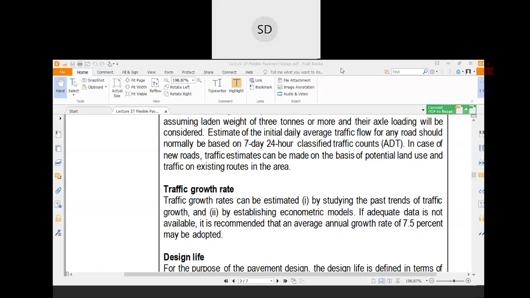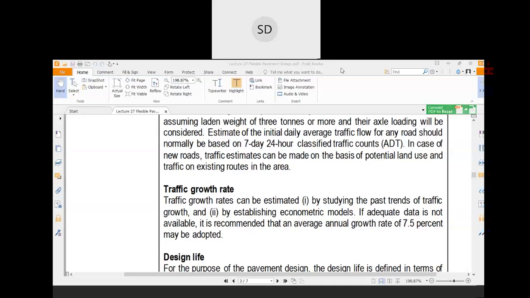So there are different loading conditions for different types of vehicles, and within that range, 8160 kg or nearly 8 tons is your standard load. So for the vehicle damage factor you will consider one factor, and that factor is calculated based on the 8160 kg. That is the difference between these two things.